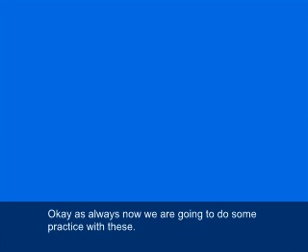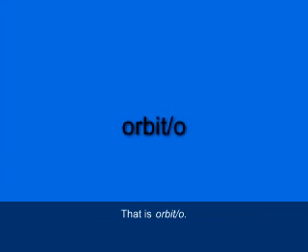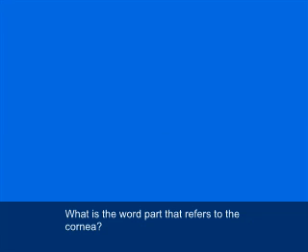Okay, as always now, we're going to do some practice with these. What is the word part that refers to a bony socket? That is orbito, ORBIT/O. And what is the word part that refers to the cornea?